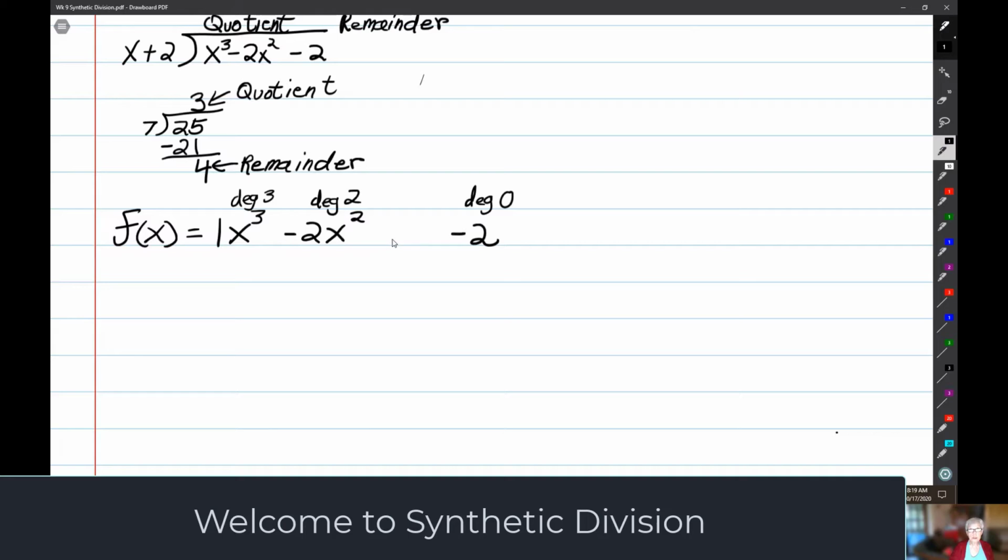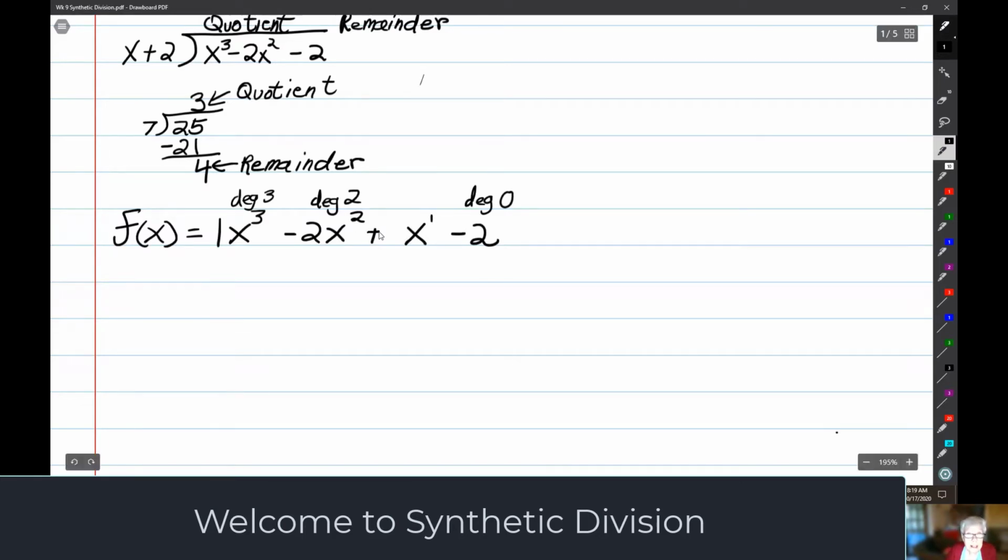You can't do division with polynomials if you don't have perfect order, perfect descending order. So we have to account for x to the 1. And I can't just go sticking in an x to the 1. That'll change the polynomial.